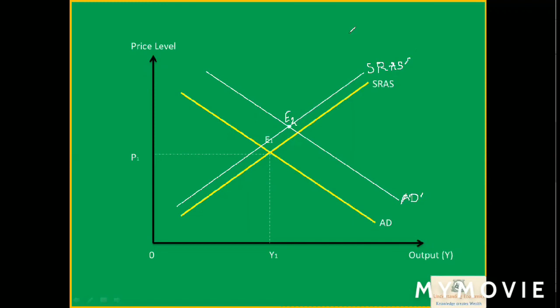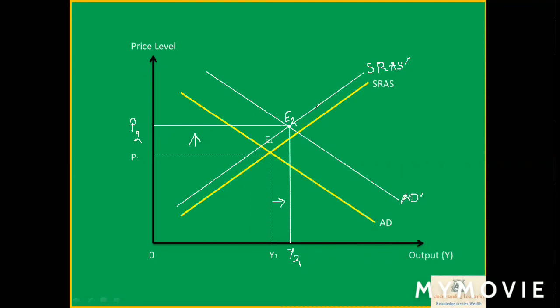Now corresponding to point E2, we can see that the output level has increased from Y1 to say Y2, and we also can see that the price has gone up. So the price level has also increased.